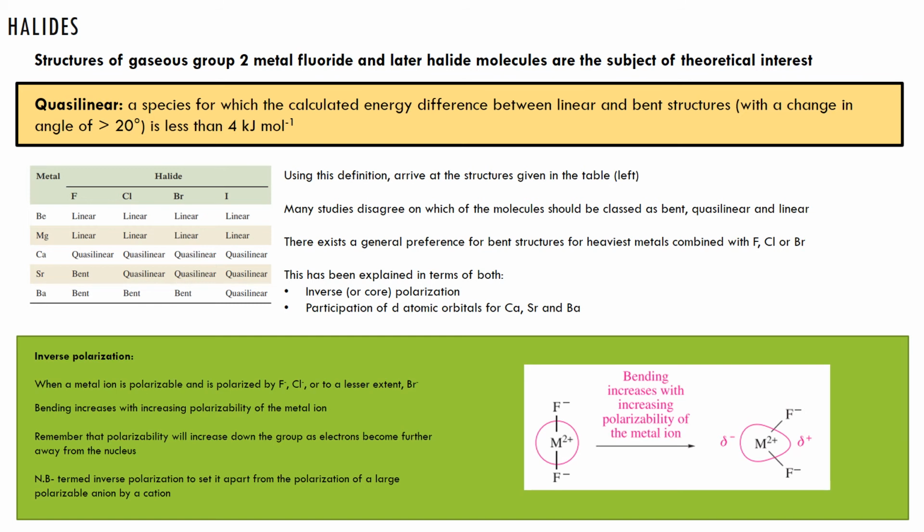What's predicted using the inverse polarization theory is that the bending increases when you've got an increase in the polarizability of the metal ion. And remember that the electrons, as you move down the group, are becoming further and further away from the nucleus. So the atom is much more easily polarized, and because of that polarizability, you get a bent structure.